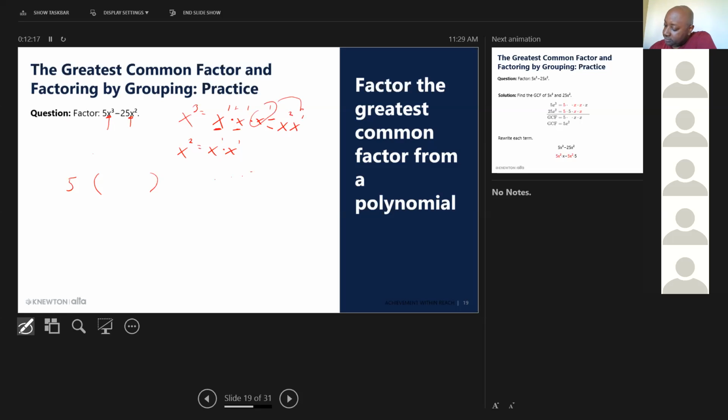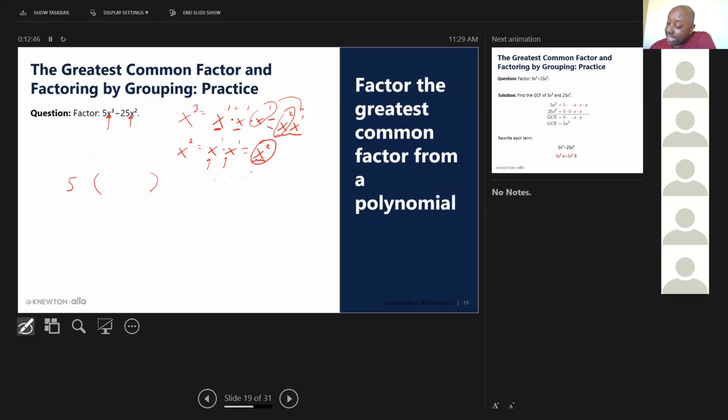Now for down here, I have x to the first times x to the first, and that too is x squared. So now when I look here and I look here, I ask, what do they have in common? They both have an x squared term in common, right? Yeah, that makes sense.